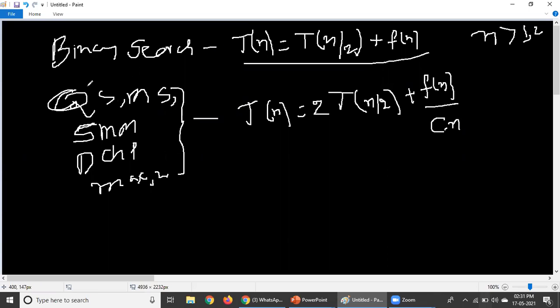And here also, maximum and minimum operate several comparisons, so that it could be c into n. Whereas here, for every division, only one comparison will happen. So for the worst case, it could be considered as n. Here it is considered as n. Here it is considered as c into n.